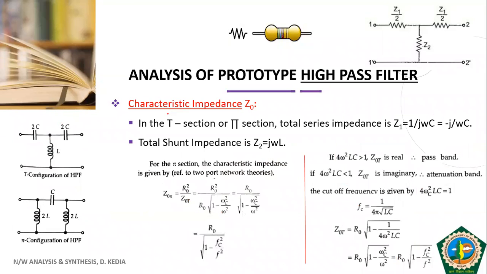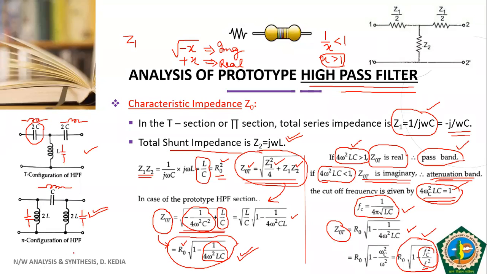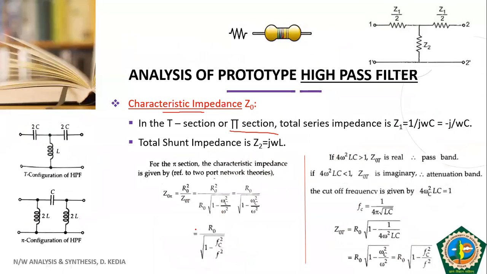Now we find out the value of characteristic impedance for pi section. In the last slide, we have obtained the characteristic impedance of the T section. For pi section, there is one very simple formula from your two-port network theory, that if we are aware of characteristic impedance of T section, we can easily find out the characteristic impedance of the pi section.